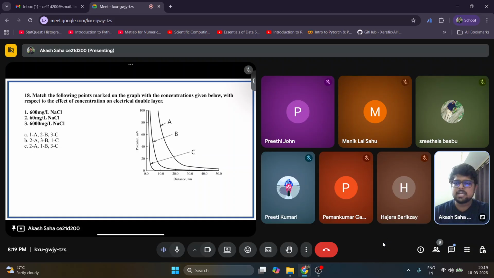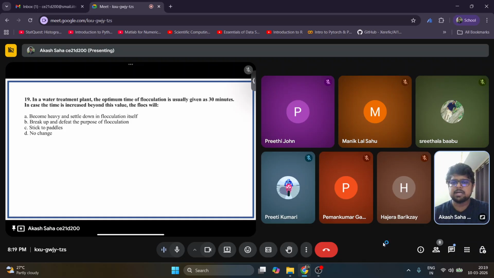That's why for 6000 milligram per liter, the curve will be C, because it is much closer. Then we have 600, so it is B, and then we have 60. Just see the closeness to the highest potential. The more the concentration, the closer. So option C is correct.